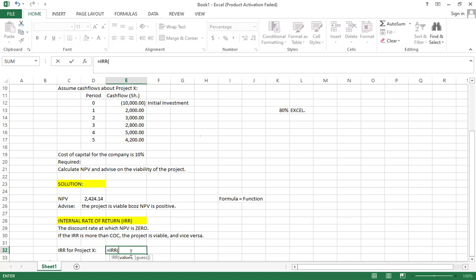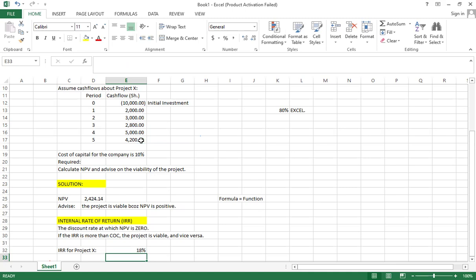I'm saying that because generally you are told that you can have values, but there is nothing like value 1, value 2, and so on. You now pick the values in general, beginning with the initial investment. So you pick all from the initial investment, remember, to the last. So close the bracket, and then you can press enter.